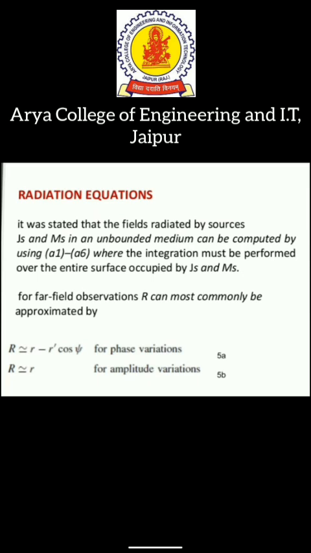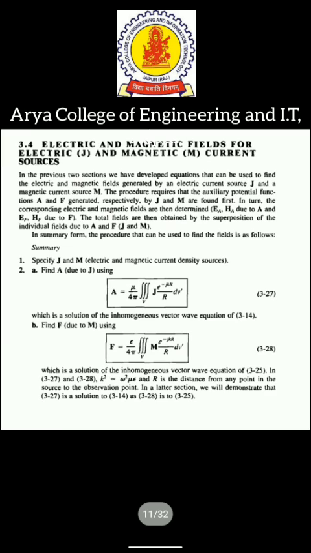Earlier it was stated that the fields radiated by sources Js and Ms in an unbounded medium, meaning the far field, can be computed by using these equations, A-1 and A-6. When you look in your books, you will find this in section 3.1.3.4: electric and magnetic fields for electric J and magnetic M current sources.